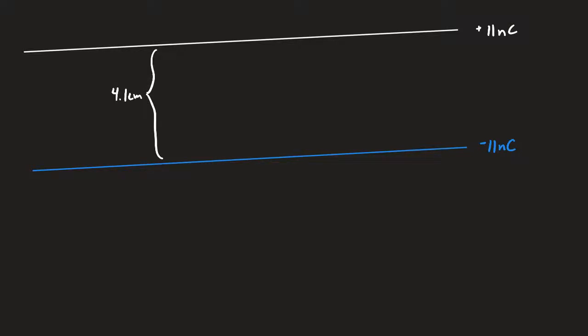And I'm supposed to look at a line connecting their midpoints. And I want to know at a distance 1, 2, and 3 from the glass rod. So that's the positively charged one. So we're looking at a distance of 1 centimeter and then 2 centimeters and 3 centimeters.